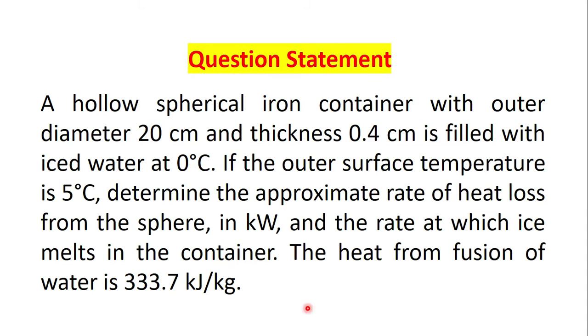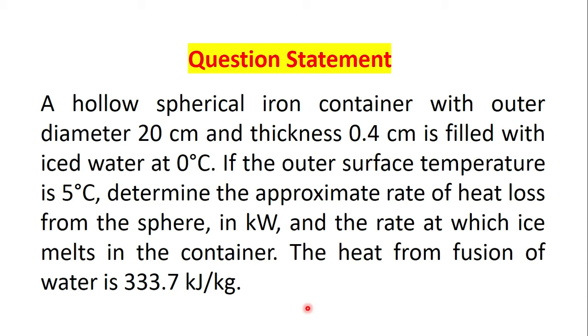A hollow spherical iron container with an outer diameter of 20 centimeters and a thickness of 0.4 centimeter is filled with iced water at 0 degrees centigrade. If the outer surface temperature is 5 degrees centigrade, determine the approximate rate of heat loss from the sphere in kilowatts and the rate at which the ice melts in the container.